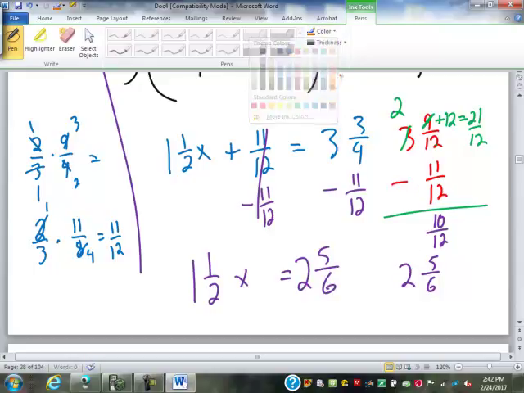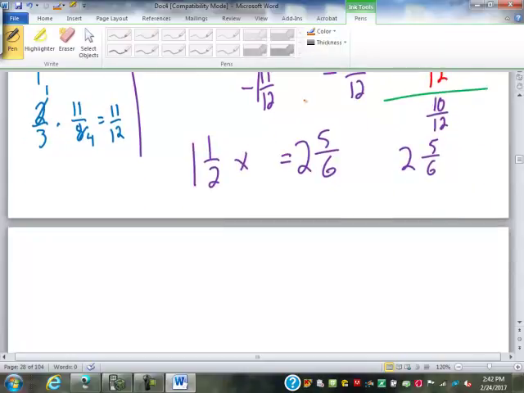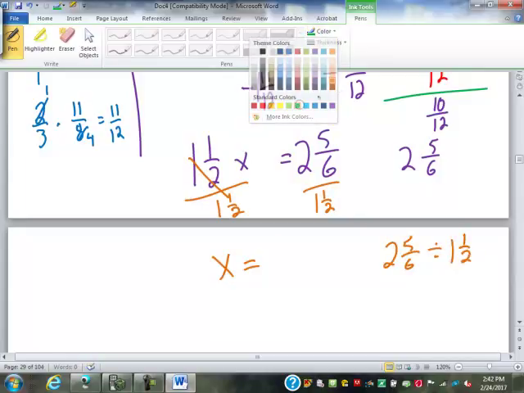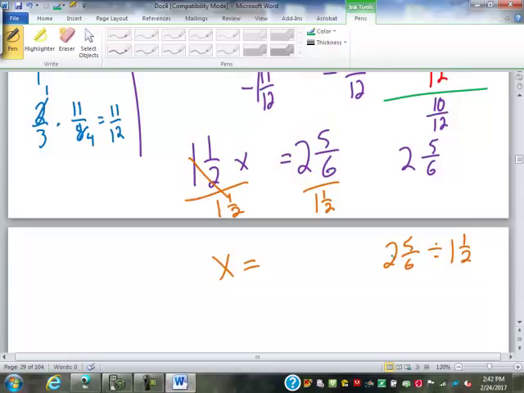And our final step? Divide by 1 1/2. So x equals 2 and 5/6 divided by 1 1/2. Again, improper fraction. 2 times 6 is 12, plus 5 is 17/6. 1 times 2 is 2, plus 1 is 3 halves.